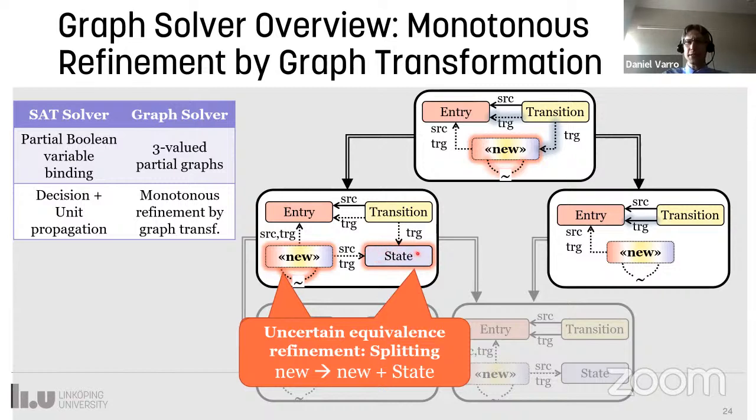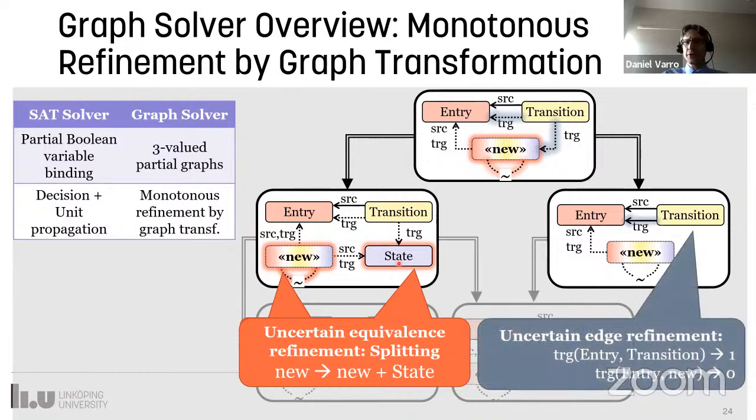So this is now a certain state, but we still don't know, for instance, whether this transition leads to the entry state or to this new state. Another way is refining the uncertainty of edges in this abstract or partial graph model. Now we made a decision in this case that the previously uncertain target edge between transition and entry is the real one, and as such, the other no longer exists. So in the refined version, I know that there's a transition from the entry state to the entry state, and there is no target edge from the transition to this new generator state.